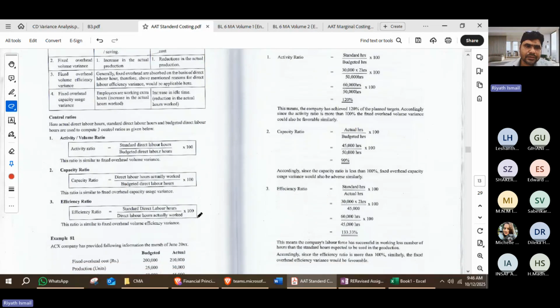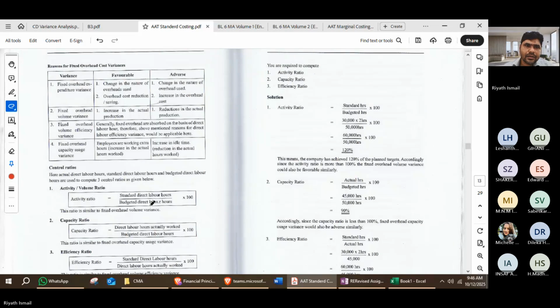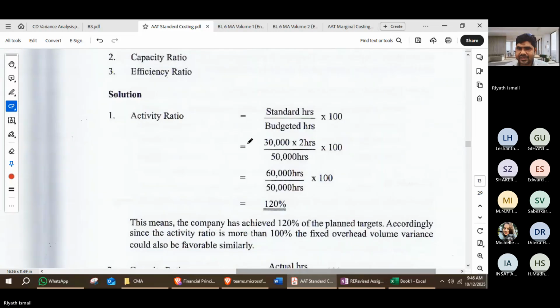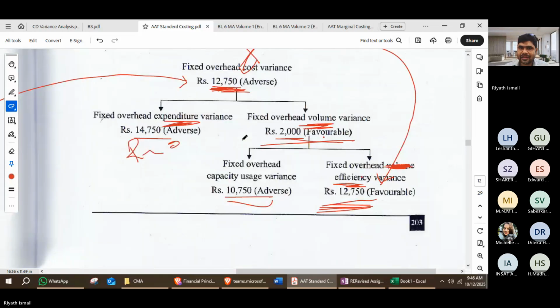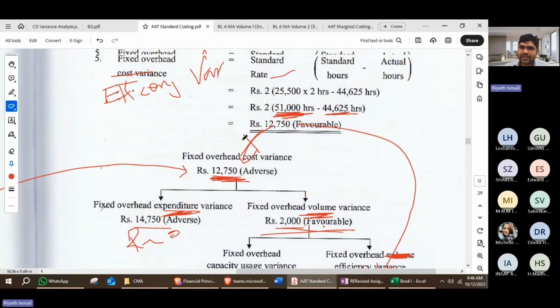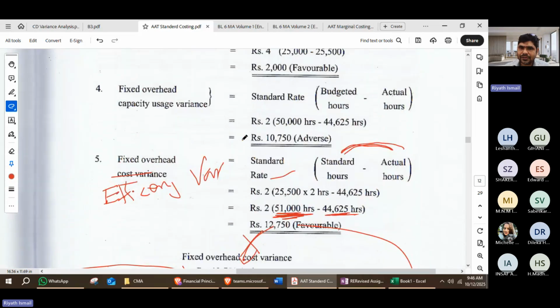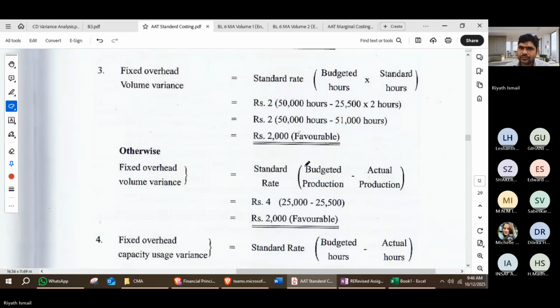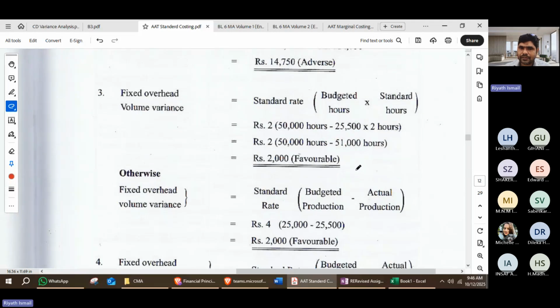And here, right, the reason for it. So do you have any doubt here as I ask you? Why, even though here it is a minus value, why do we call it favorable? Yeah, here also favorable. Why? Don't you think about this?